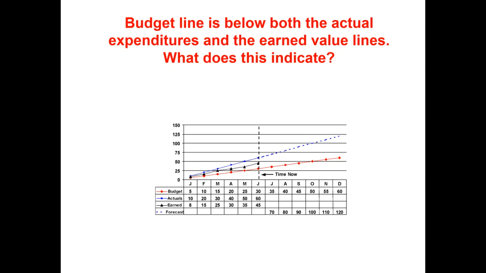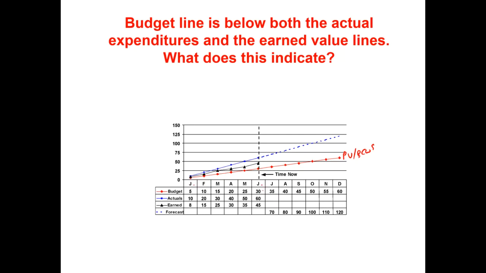Right, so here in this example, the budget line is below both the actual expenditure and the earned value line. So what does this mean? Here we can see that on this project, this is the PV line, or budgeted cost of work scheduled line, and the project started in January, and this is reporting in June.